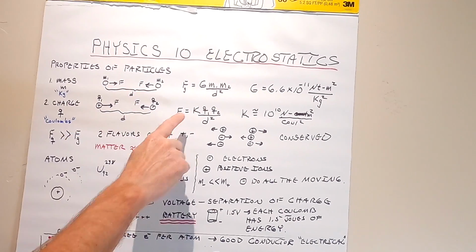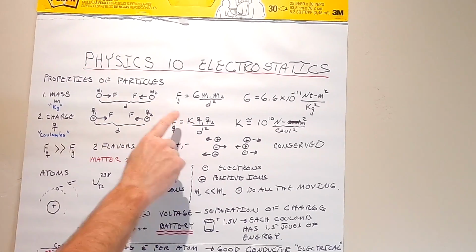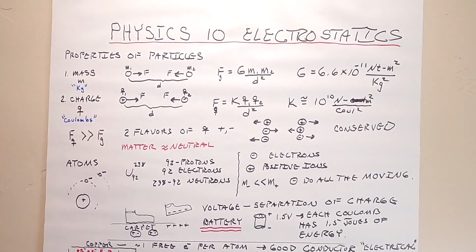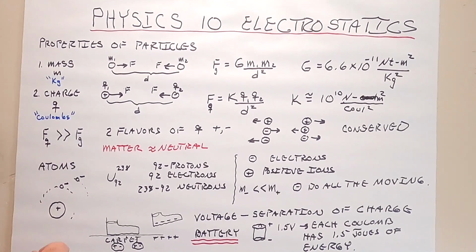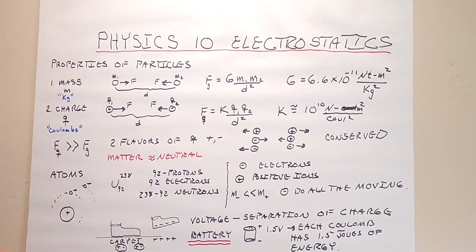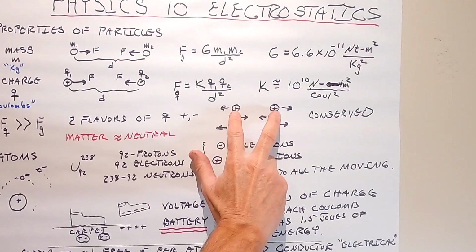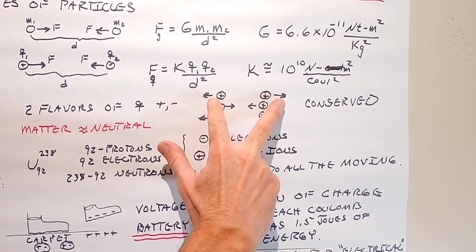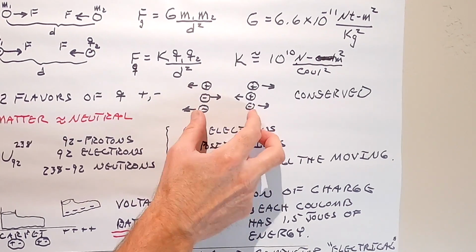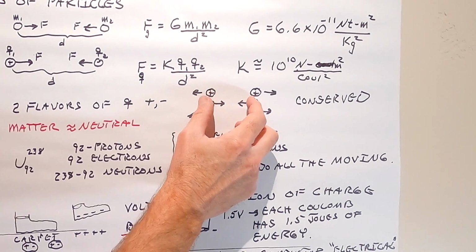The reason we don't notice this is because it comes in 2 flavors. There's only 1 flavor of mass, but there's 2 flavors of charge, and we give them the names plus and minus. Anytime you have 2 of the same charges, 2 pluses or 2 minuses, they repel, but opposites attract.